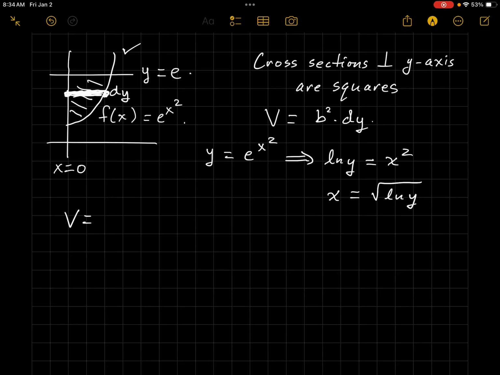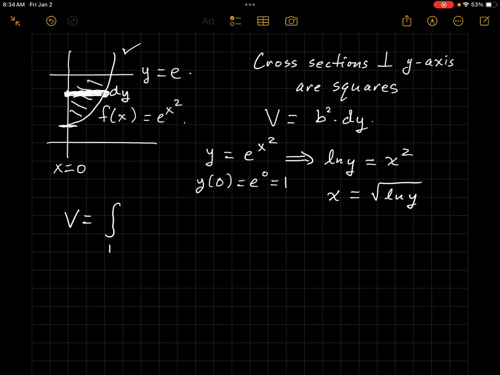That means the volume will be the sum of these cross sections, starting at, what is the lower y value? Well, when x equals 0, and let's go back up to this one. When x equals 0, y equals 1. So our lower limit is 1.